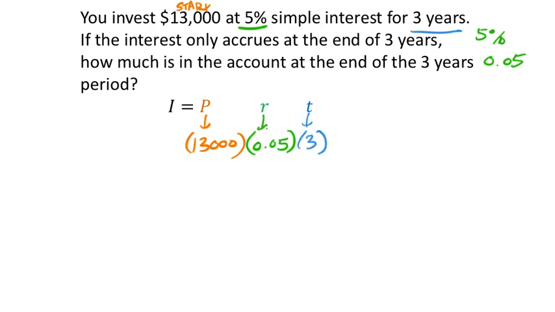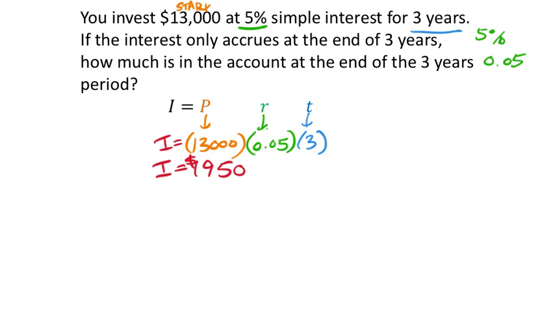Now, once again, all this is going to do is give us the I value, which is the interest. And when I put this in the calculator, we got 1,950. So after 3 years at 5% simple interest, you have now made $1,950. So now that's the interest part of it.